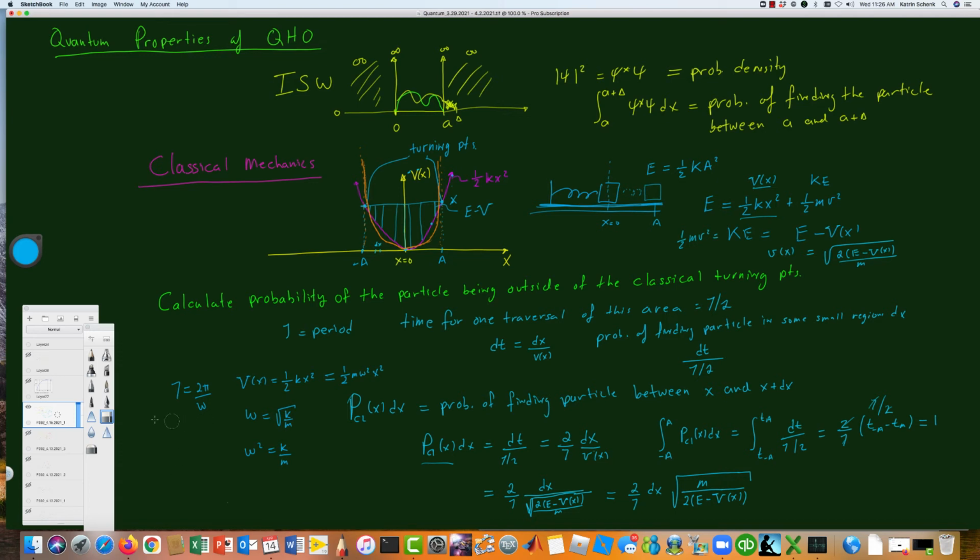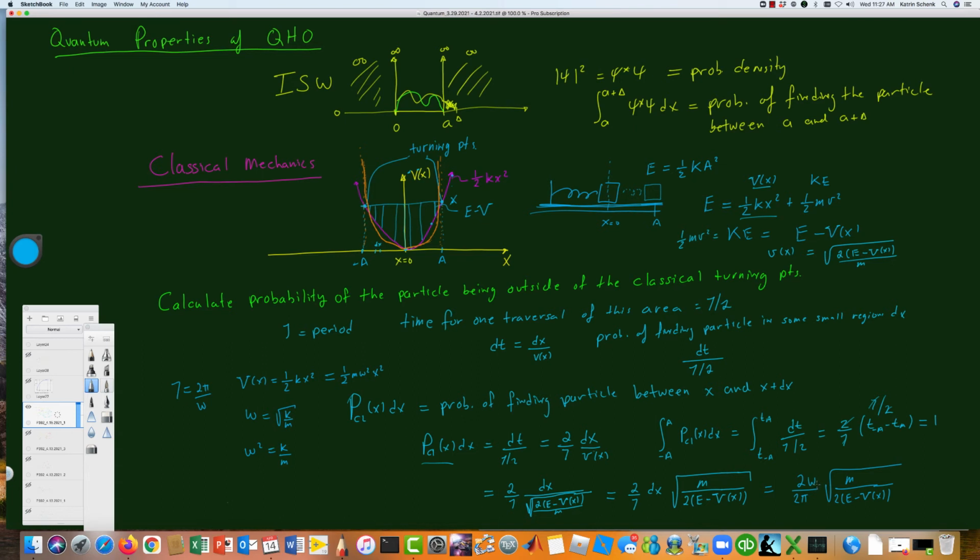Okay, so we're going to substitute some of this in. Here's tau, so I put that in here, and I have 2 over 2 pi, and that's over omega, so the omega comes up here. Then we have the square root of m over 2e minus the potential energy function V of x.